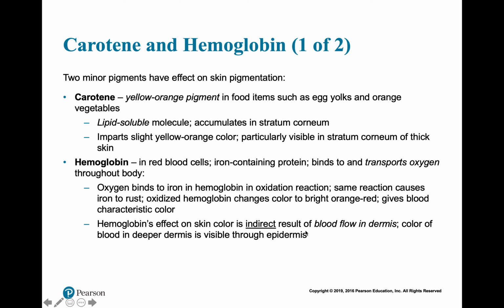Whereas if you get really cold and the blood vessels in the dermis constrict and you have less blood flow because you're cold, then you might not look as red. You might look very pale. All right. So localized blood flow effects, whether you increase or decrease blood flow, can have a short-term effect on skin color.